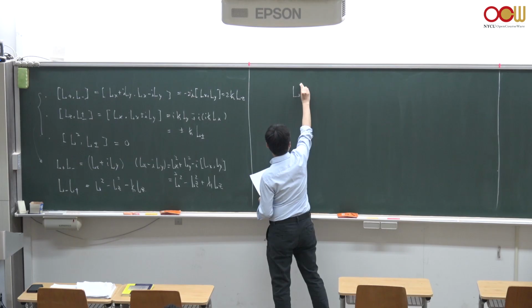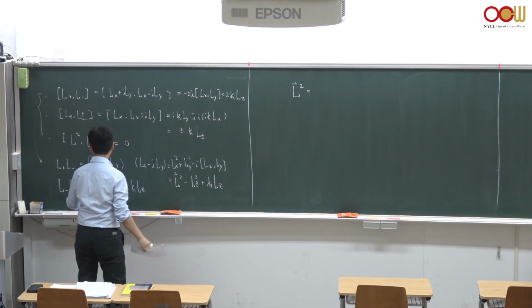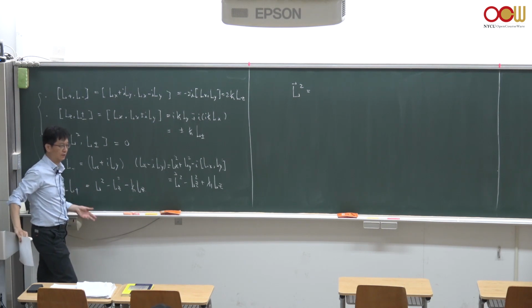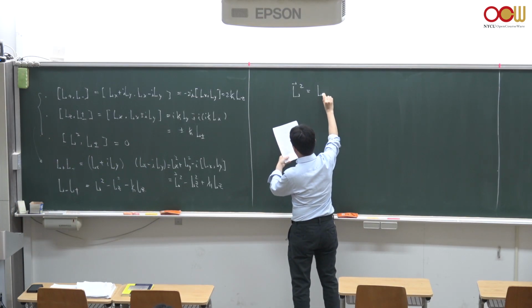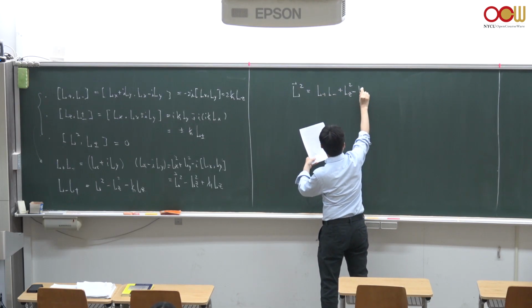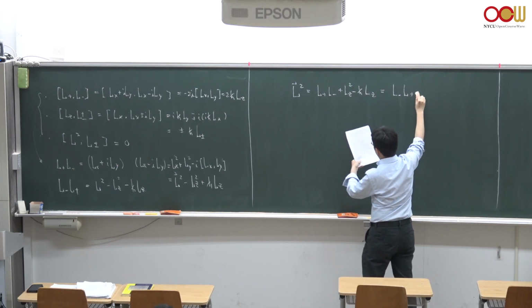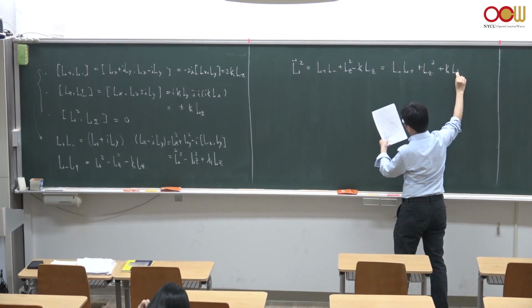We can see that L squared can be expressed either in terms of the L plus L minus product or the L minus L plus product, because both relations involve L squared in a different way. So we can rewrite L squared as L plus L minus plus Lz squared minus h bar Lz, and this is also equal to L minus L plus plus Lz squared plus h bar Lz.